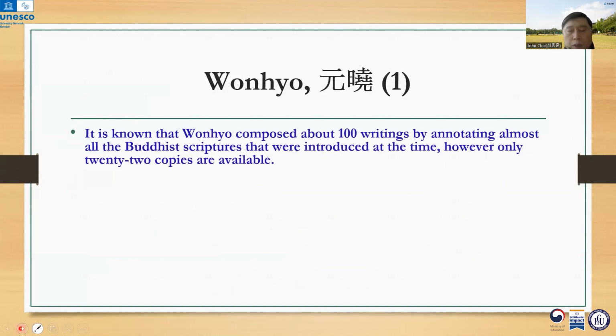It is known that Wonhyo composed about 100 writings by annotating almost all the Buddhist scriptures that were introduced at the time. However, only 22 copies are now available.